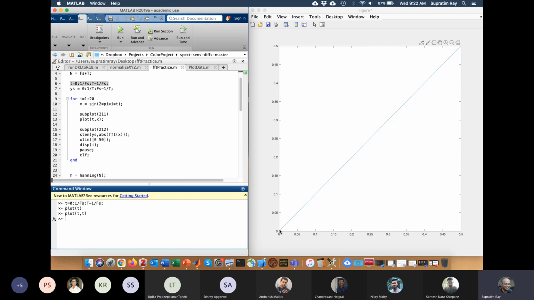So from 0 to 0.5 seconds, the signal has taken a value between 0 and 0.5 here. So if you think of a signal like this, it's always drifting very slowly. So you would argue that the Fourier transform here shouldn't have any high frequency components. It should only have very low frequency components, because after all, it's drifting very slowly.